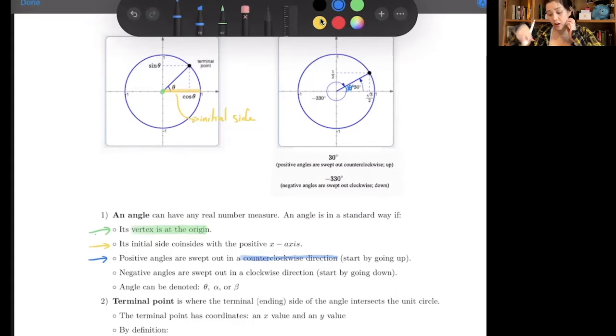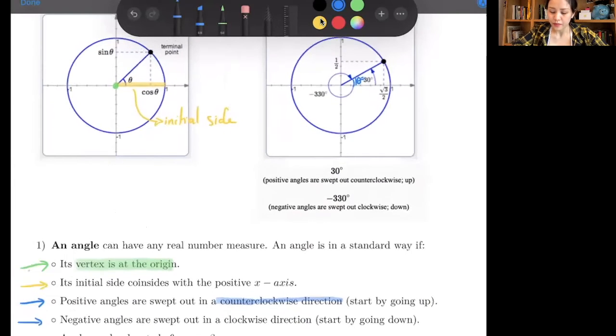Let's sweep out a positive angle by starting to go up. A negative angle is swept out in a clockwise direction. Again, same picture: the negative angle is being swept out in the clockwise direction.